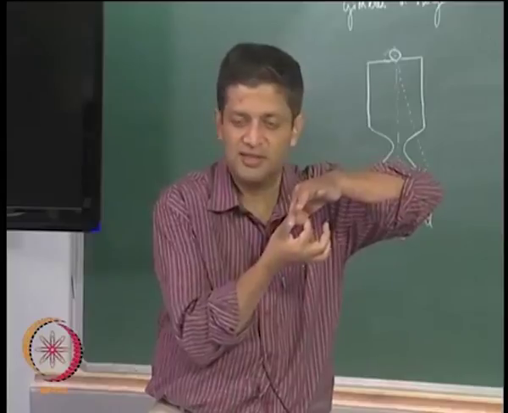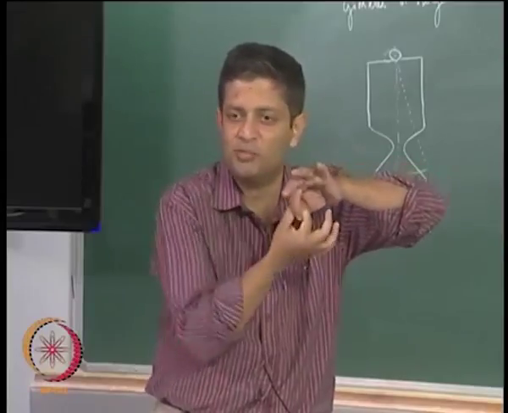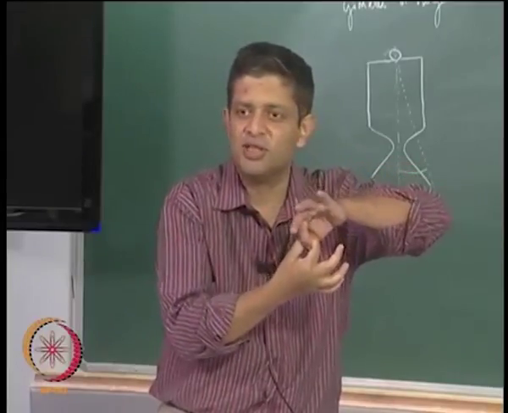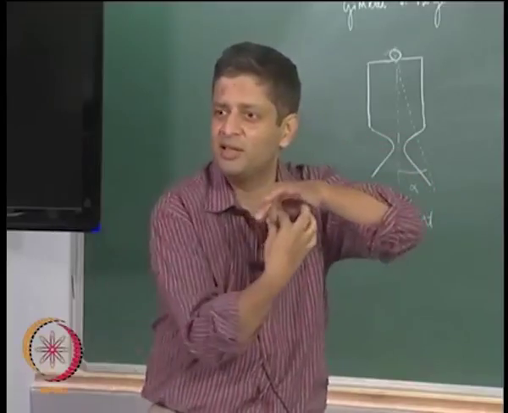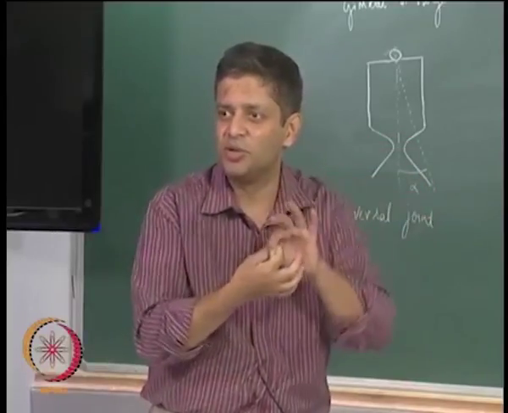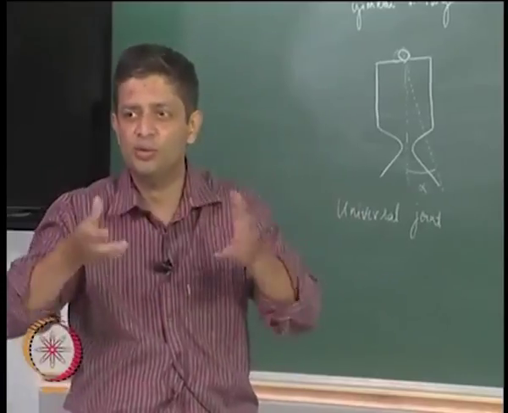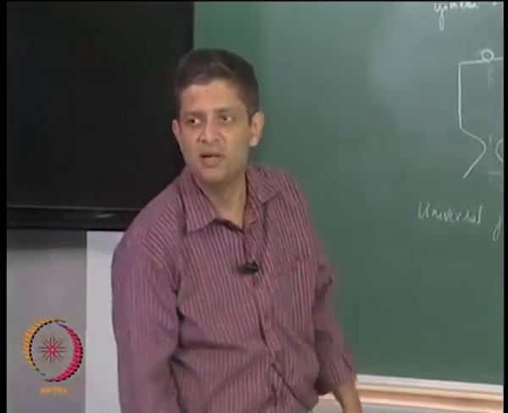Using one of them you can move it in one plane, using the other one you can move it in the other plane. So using both of them you can move it in two different planes. That is what a universal joint is.